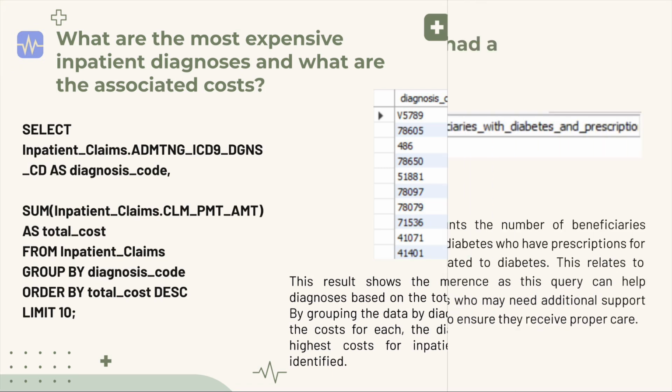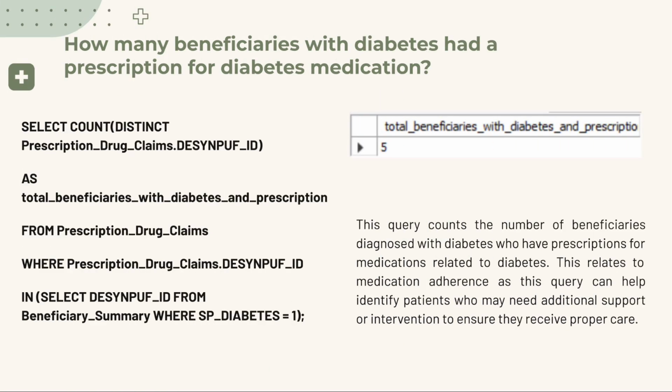This next query identifies how many beneficiaries with diabetes have prescriptions for diabetes medications. Beneficiaries are first identified as indicated in the database as SP_diabetes equals 1 in the beneficiary table, and the subquery retrieves the beneficiary IDs for those with diabetes that meet this criteria.